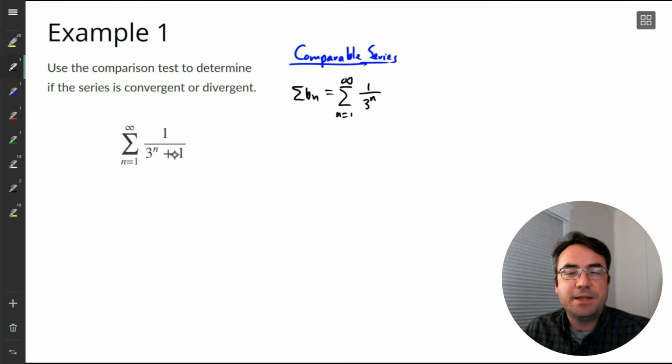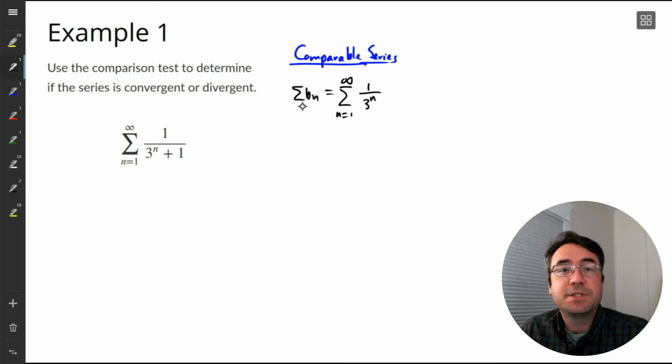So that plus 1 is really what's making this unknown. We don't really know what's going on here. But we suspect that the dominant term is ultimately going to influence the behavior of this series. So we're going to compare it to the series sigma b_n, where we're using 1 over 3 to the n. We just identified the dominant term there.